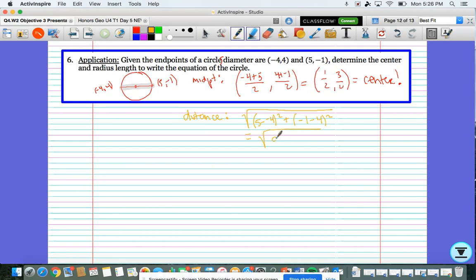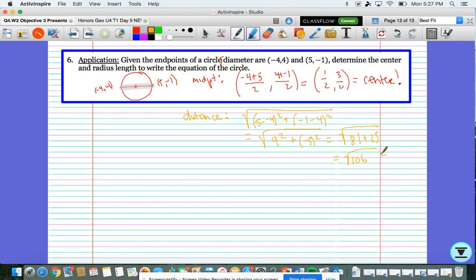Minus a negative, that's 9 squared plus -5 squared. 81 plus 25. What's 81 plus 25? 106.